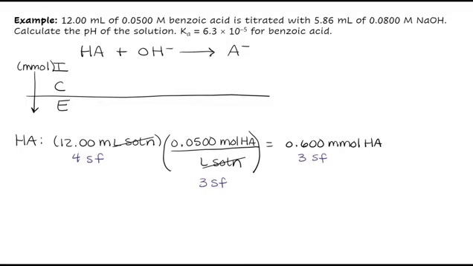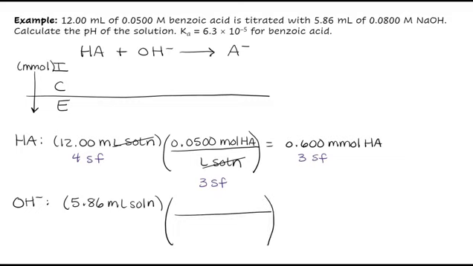We'll do a similar calculation for millimoles of our hydroxide. Here we start with 5.86 milliliters of solution times the molarity of the sodium hydroxide, which is the same as the molarity of the hydroxide by itself, 0.0800 moles of OH- divided by liter of solution.